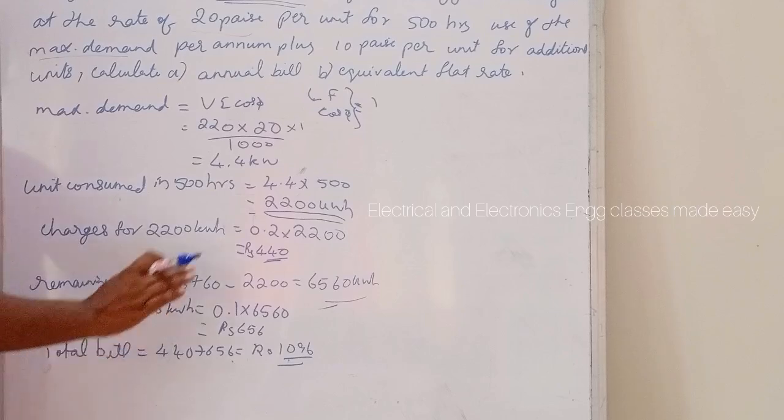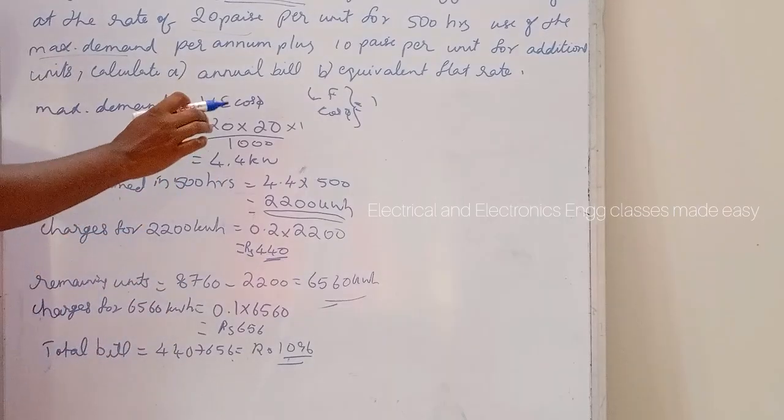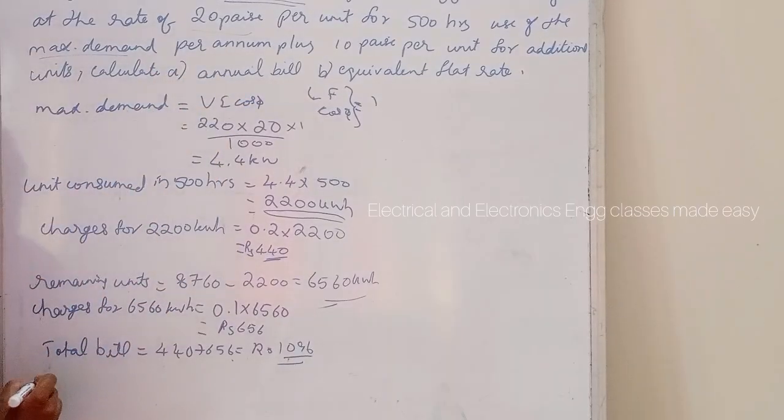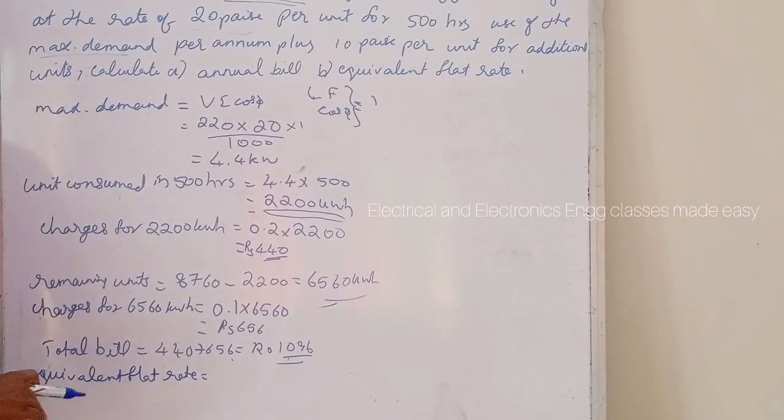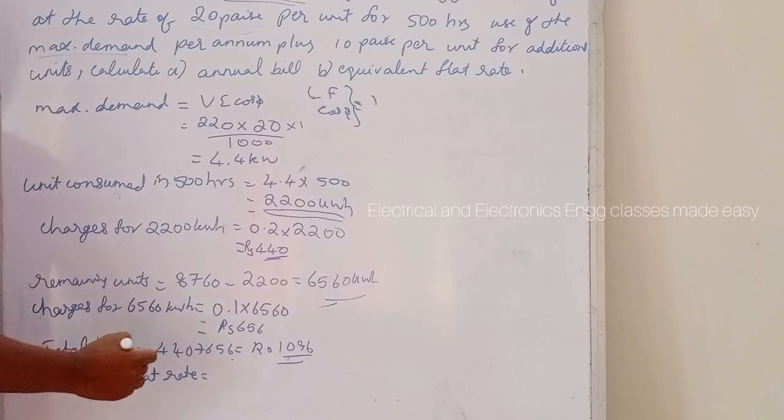Now we have to find the equivalent flat rate. And what is equivalent flat rate? Equivalent flat rate means it is the cost per unit. So what is the cost here?